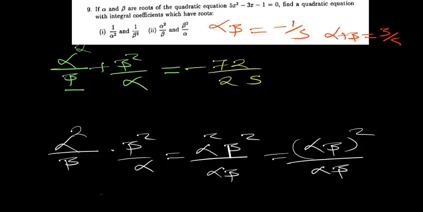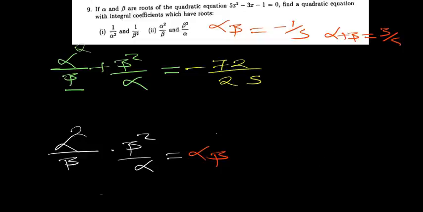You know that alpha beta is coming twice, so you can divide on top so that you just remain with alpha beta for the sake of simplification. So we remain with alpha beta, we understand it's equal to what? Negative 1 over 5. Okay.